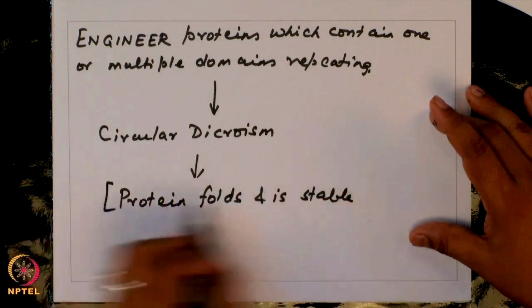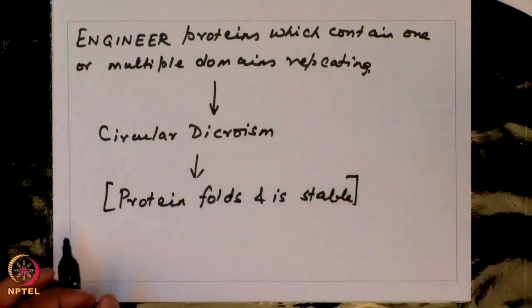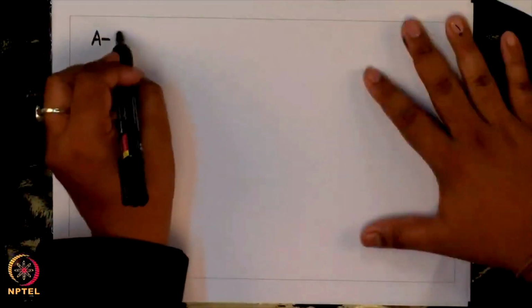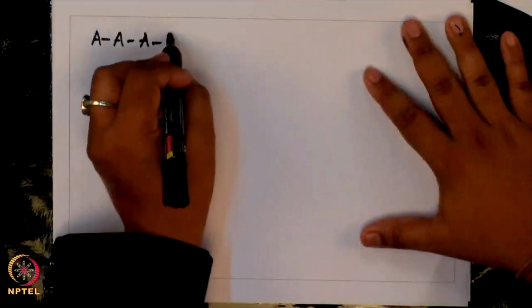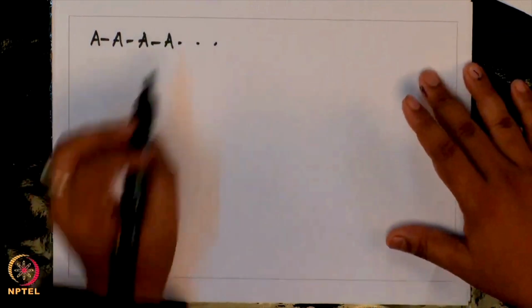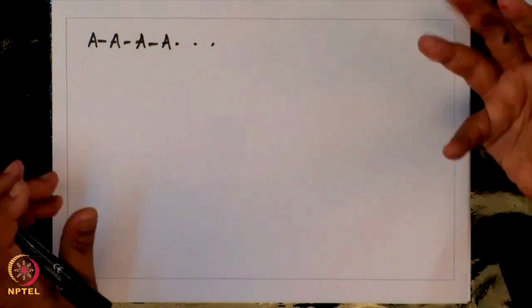This you must check before you do any AFM. After you have done that check, let us say you have made a protein which has this unit A repeating. Typically, if you choose a longer length, there is a greater likelihood that the protein will fold, versus making just 2 A's.